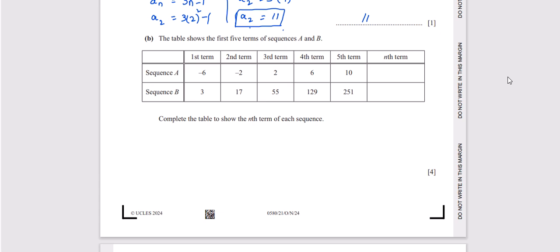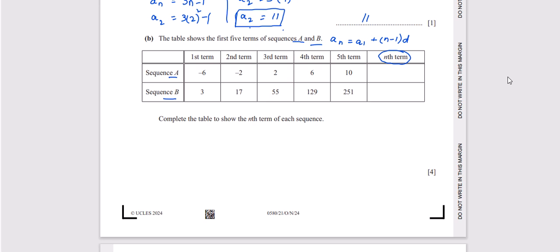The table shows the first 5 values of sequences A and B. Sequence A is this one and sequence B is this one. So first of all, we have to calculate the nth term. The nth term formula is a_n is equal to a1 plus n minus 1 into d.